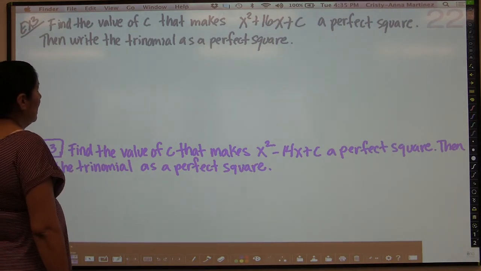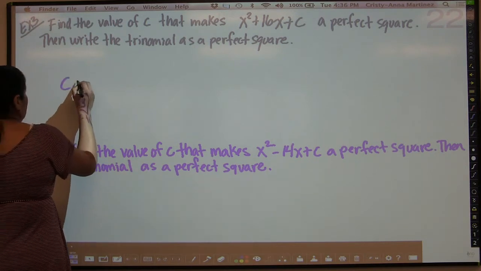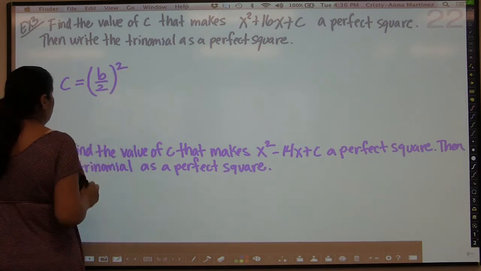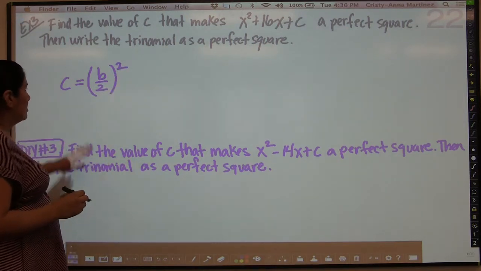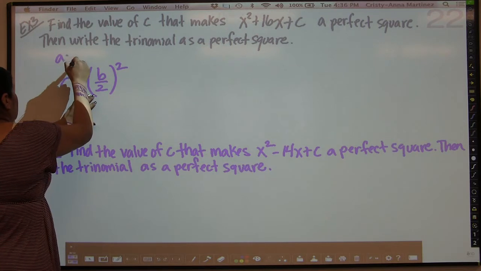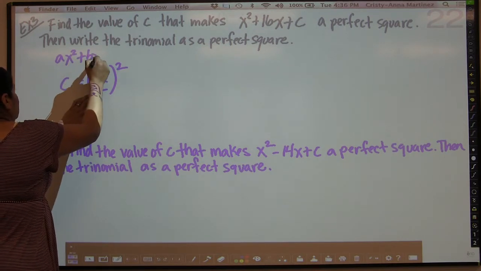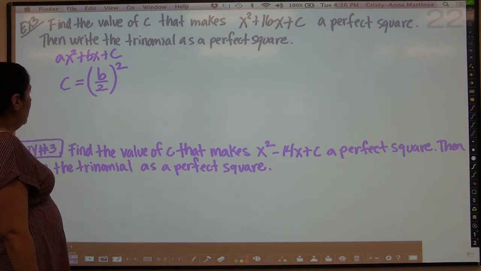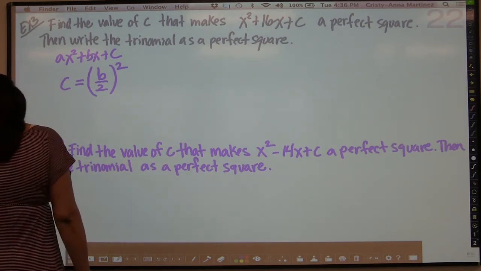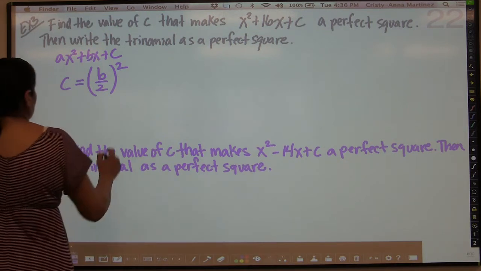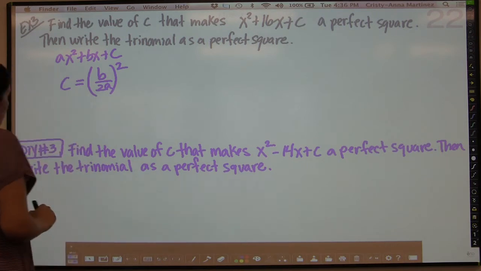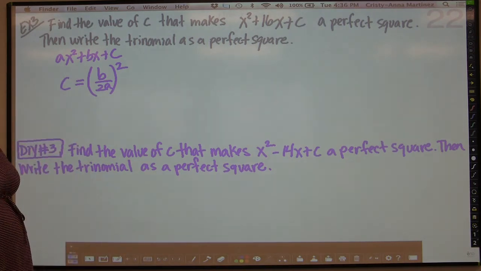And basically that c value is going to equal b divided by 2 squared, okay? Now that's all based on the ax squared plus bx plus c thing, okay? And that should be 2a, sorry. B divided by 2a squared. Okay, it's a formula. So right now you're probably not understanding why the formula is that way, but that is the formula.